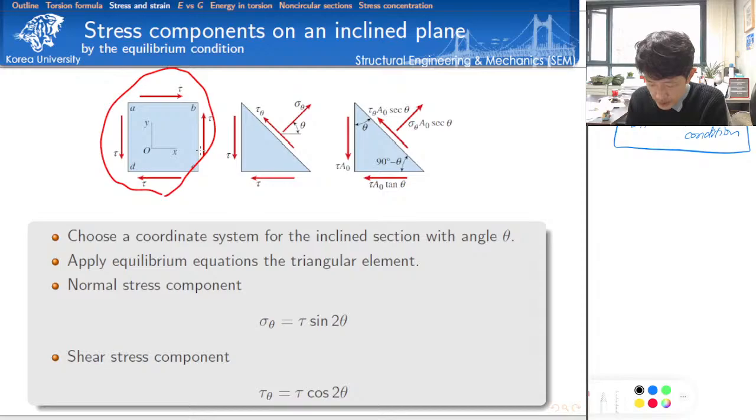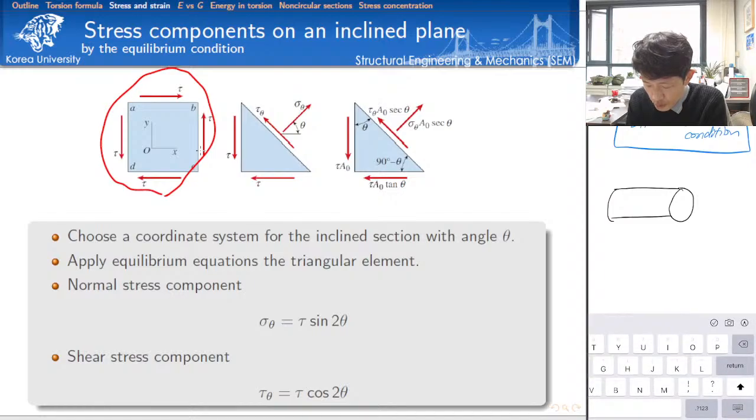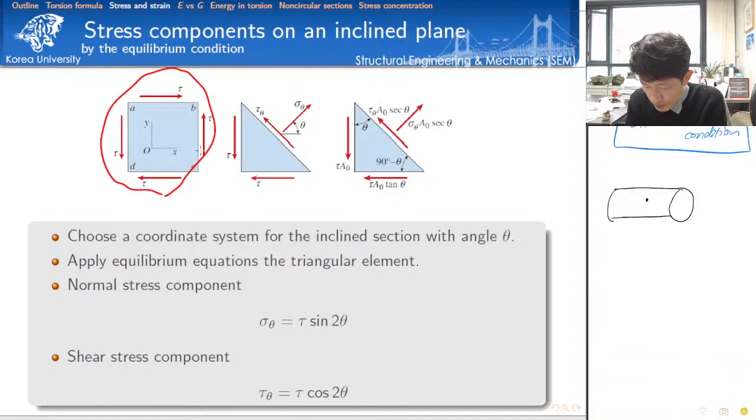Let me summarize again. We want to discuss the stress field of this member subjected to the torsional moment, and when we check a small material point, we found that if you project the stress state into a two-dimensional space, then we have certain shear stress distributions.